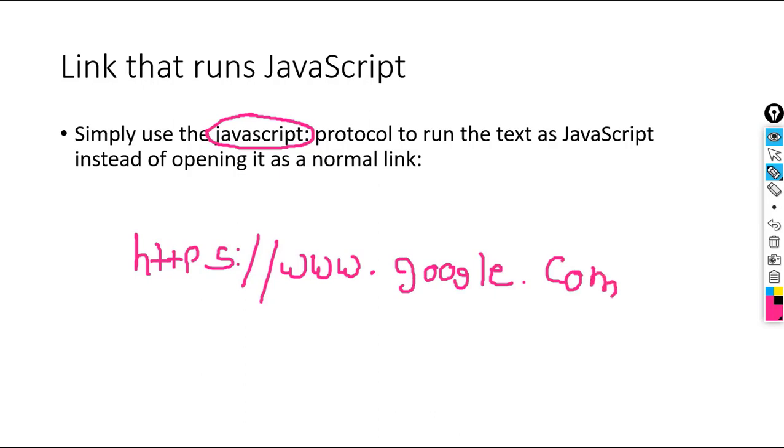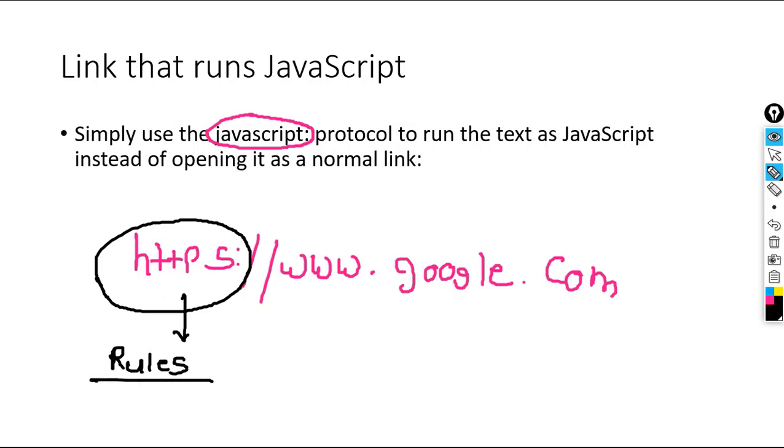So here this HTTPS colon is nothing but a protocol. What is a protocol? A protocol defines rules and regulations, a set of rules. Similarly, to execute a hyperlink as JavaScript code, we need to make use of the JavaScript protocol. Understood?